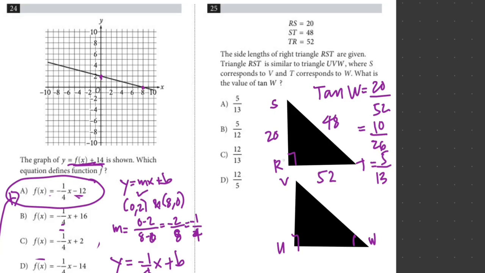Okay, RS is 20, ST is 48, RT is 52. Then angle W, opposite, 20 over 52. It's 5 over 13. It should be letter A. Okay.